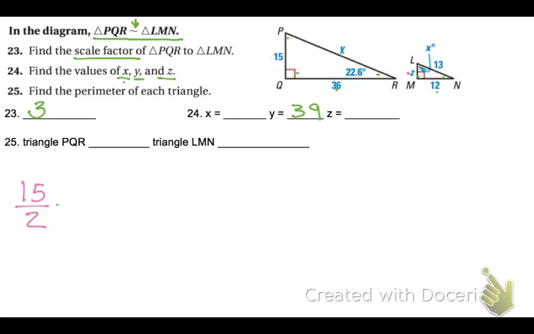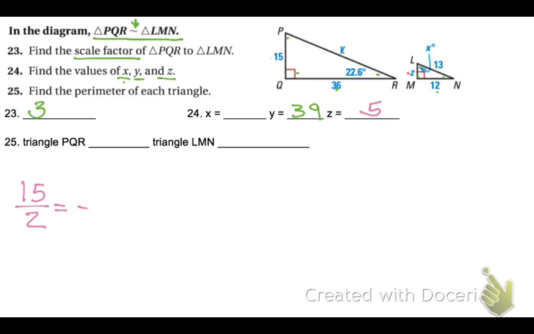Notice I'm putting the first figure on top and the second figure on the bottom. That's also going to be equal to 3. We do some math, and we know that 15 divided by 5 is equal to 3. So my z is equal to 5.